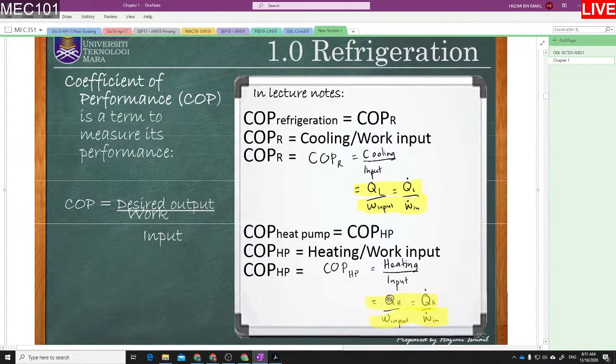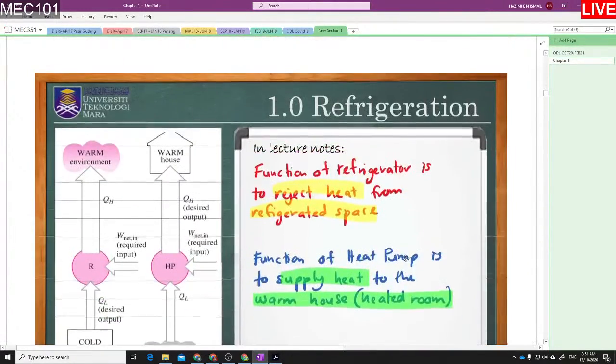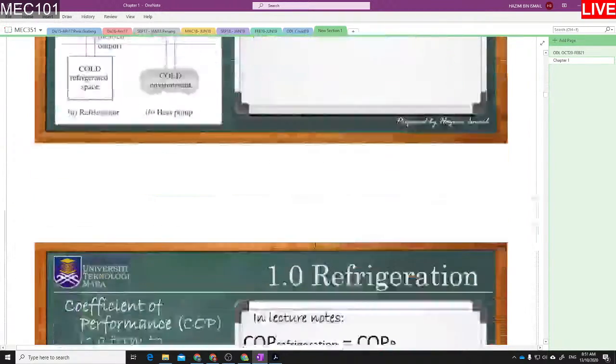So they use Q dot H. It is a different symbol, but quite similar in fundamentals, the same fundamentals of the thermodynamic process we have learned earlier.